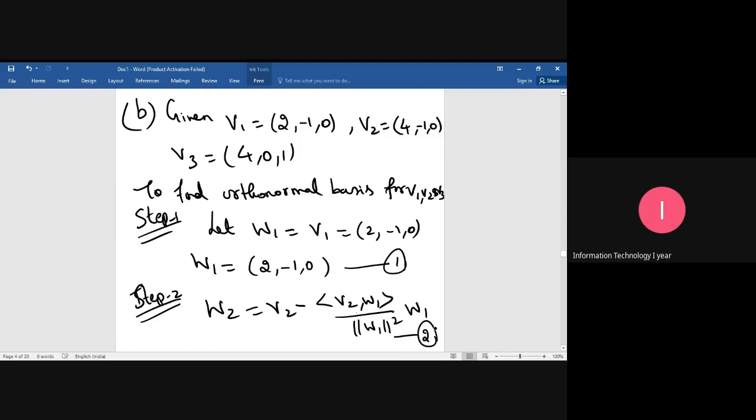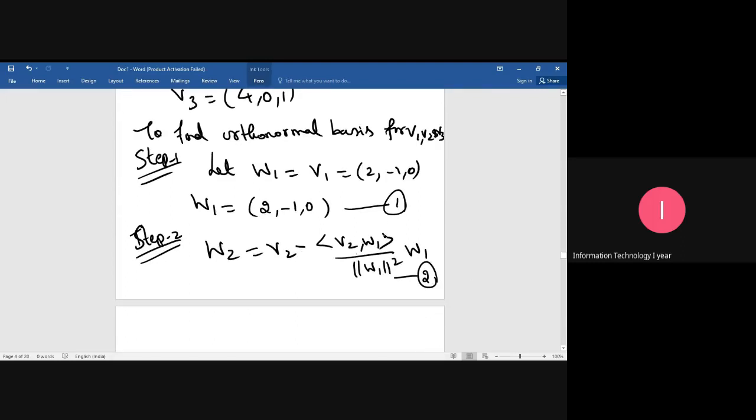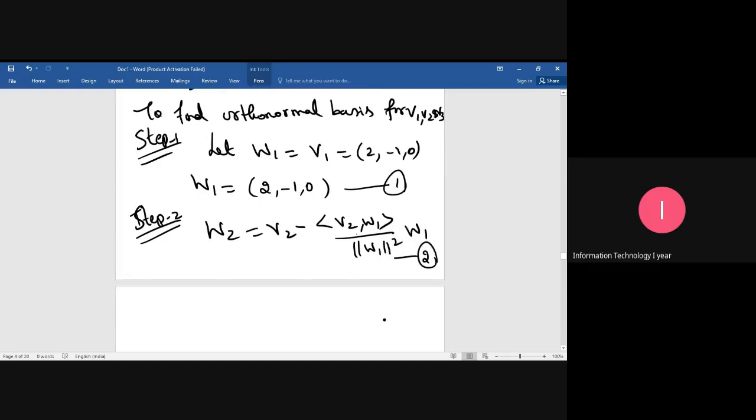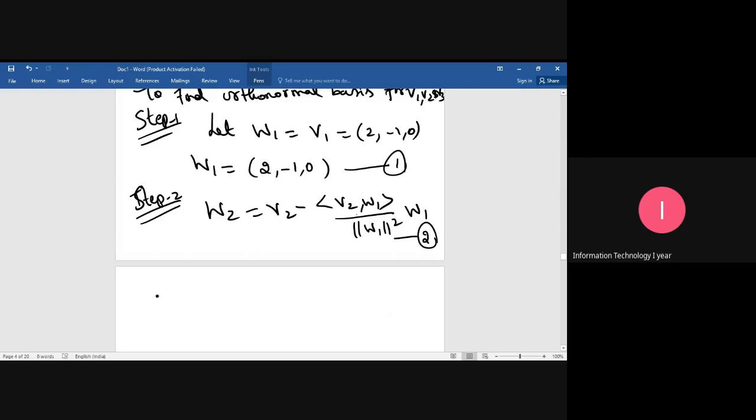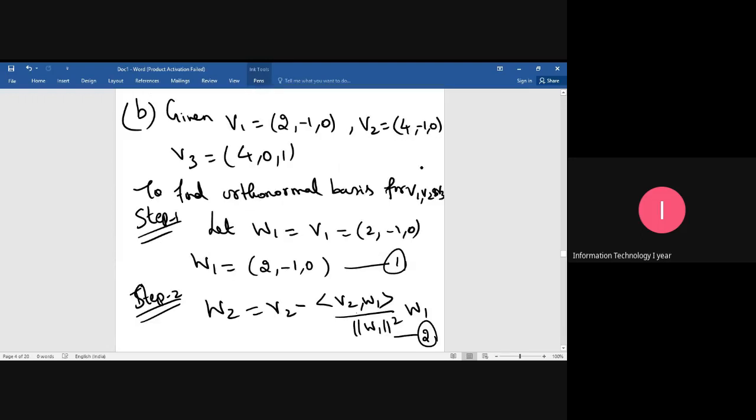For W2 we need the inner product of V2 and W1, and also norm W1 square. First find the inner product of V2 and W1. V2 is 4, minus 1, 0 and W1 is 2, minus 1, 0.